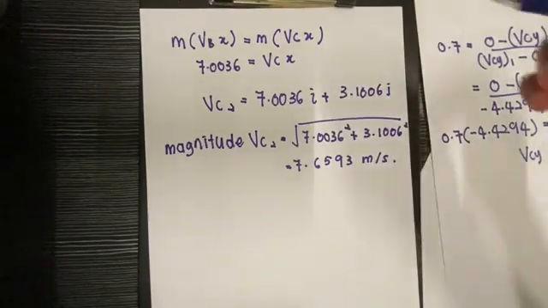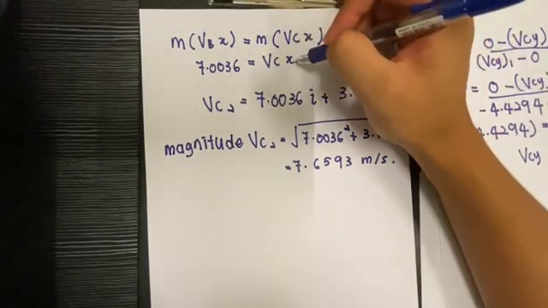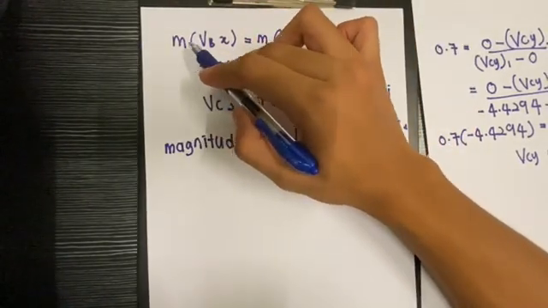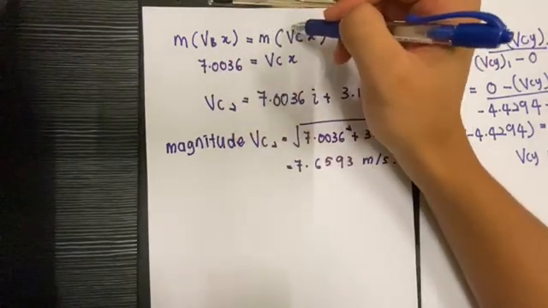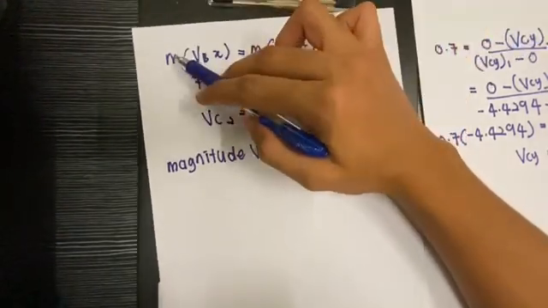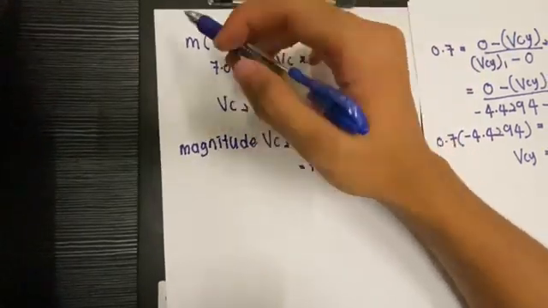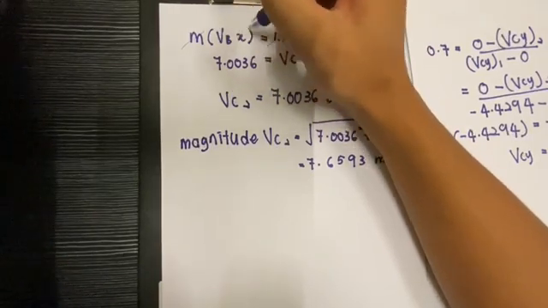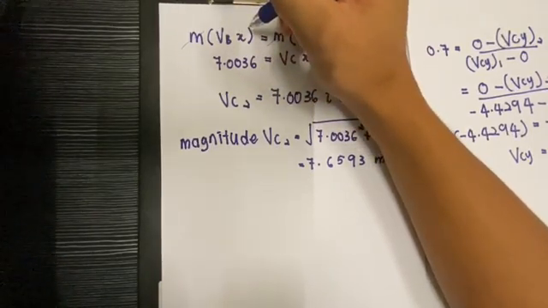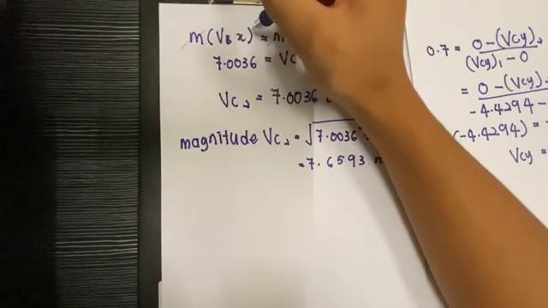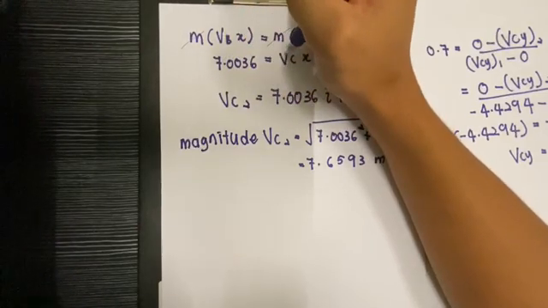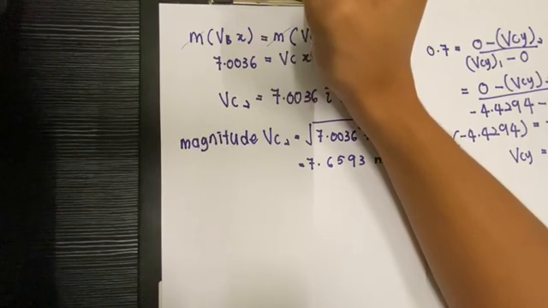To calculate VCX, we can use this formula: m VBX equals m VCX. Since the mass is the same, we can cancel it out. VBX we got from question 1, 7.00636, equals VCX.